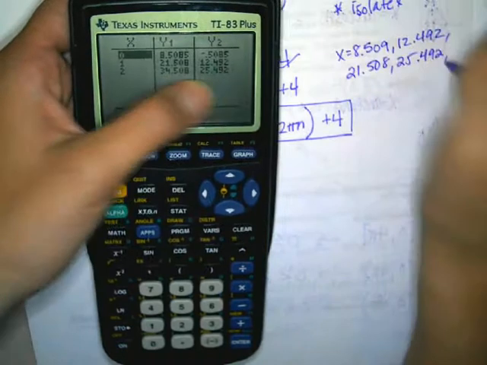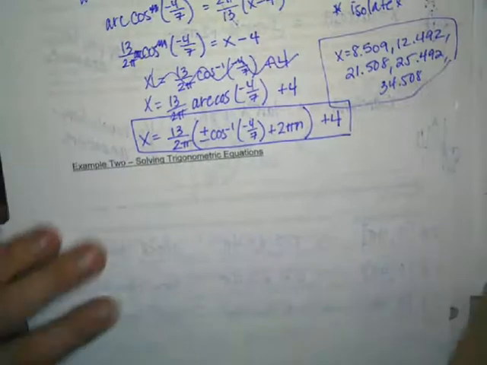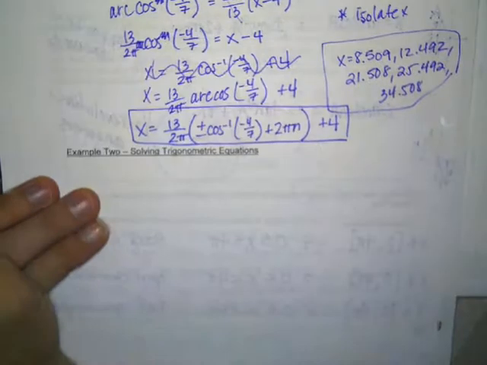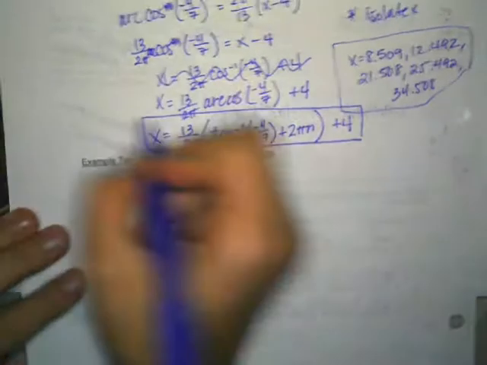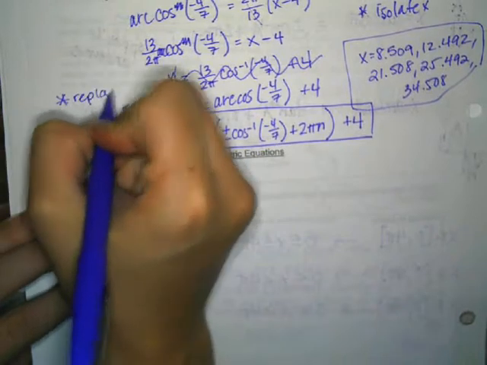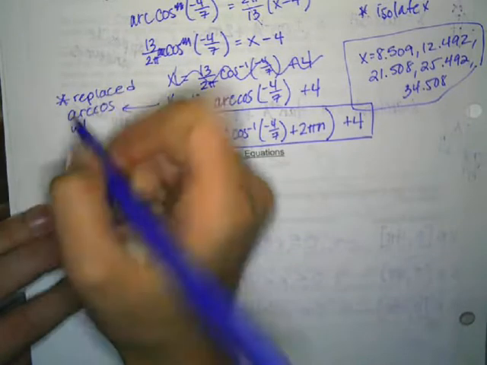My last one is 34.508. So, these are all the arc values or radian measures that would give me the value of 5 later. Here, we forgot to write a step here. Here we replaced arc cosine with the general solution.